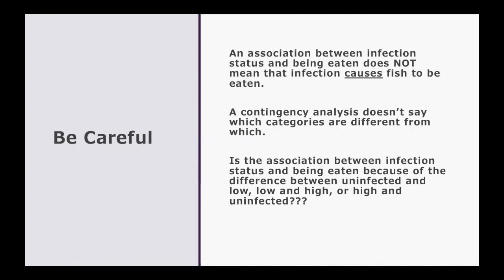And we don't really know whether this overall lack of independence between infection and whether or not the fish was eaten is the result of differences between the uninfected category and the low category and the high category, or the high category and the uninfected category. So in this example, then, we know that these two variables are not independent of one another, but we don't really know where those dependencies or associations are.